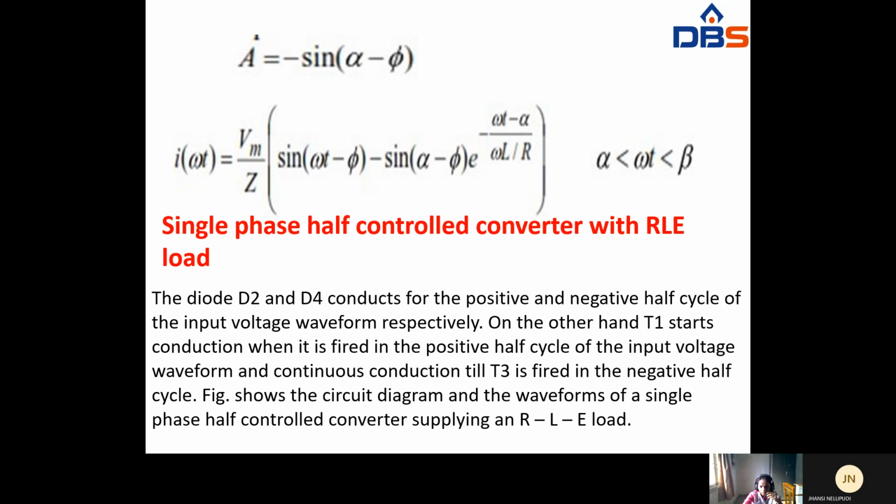On the other hand, T1 starts conduction when it is fired in the positive half cycle, and the conduction is continuous till T3 is fired in the negative half cycle. The figure shows the circuit waveforms of a single phase half controlled converter supplying RLE load.